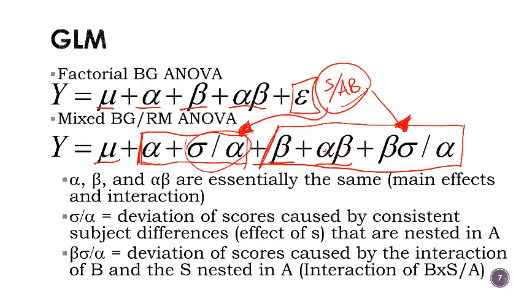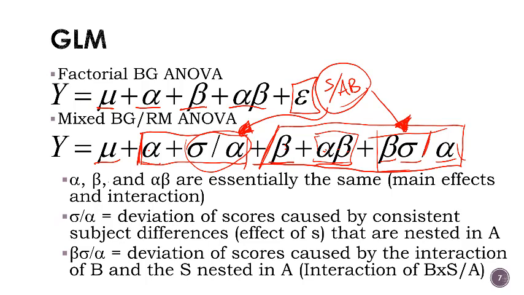Even though alpha is between groups, because beta is repeated measures and you have at least one repeated measures factor, it turns it into a repeated measures component and it gets the same errors. This is usually referred to as B by S with an A. So it's beta by sigma, and all that's nested within A. So all that's stated down here. Alpha, beta, and alpha beta are essentially the same thing.